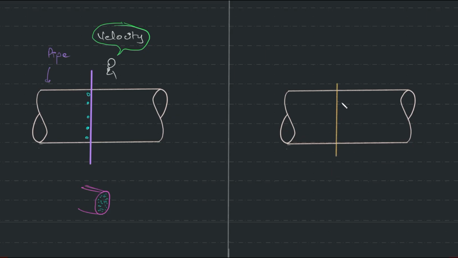So this guy has this velocity, this guy has this velocity, this guy has this velocity, and so on and so forth. And if I join all of them, it can be anything, guys. I'm just making some random thing over here. It can be anything. If I happen to join all of the heads of the velocities, this line is your velocity profile. That's it.